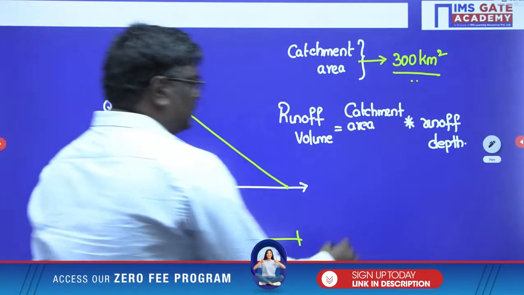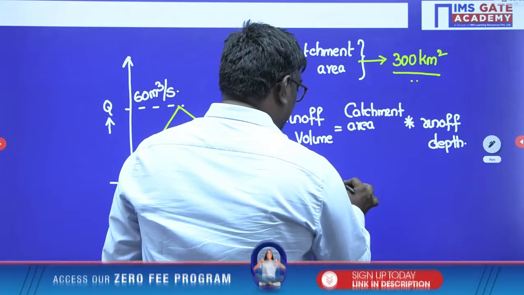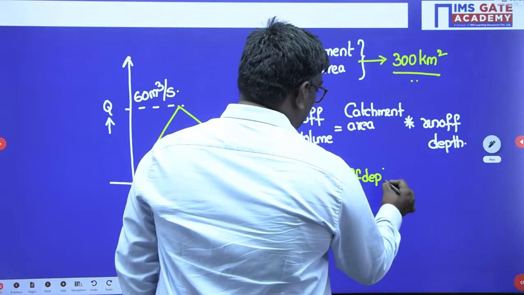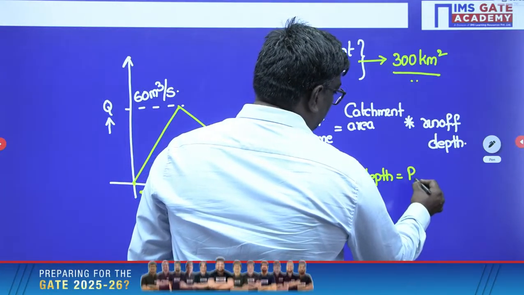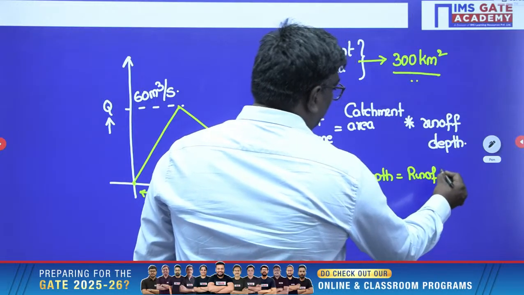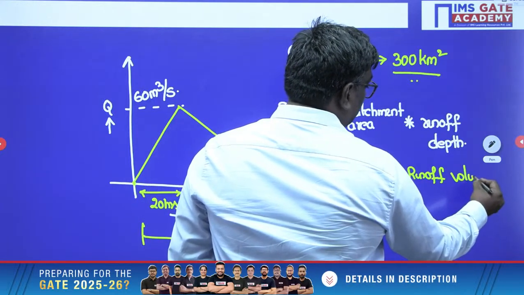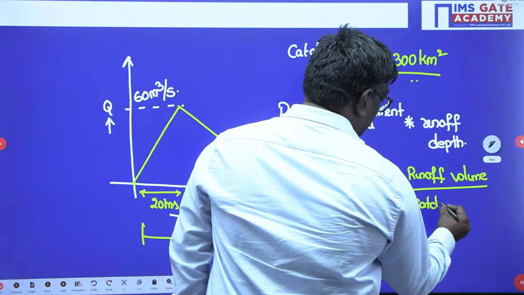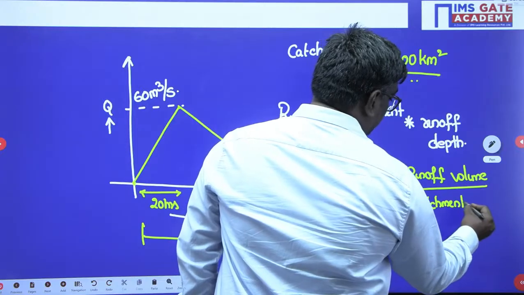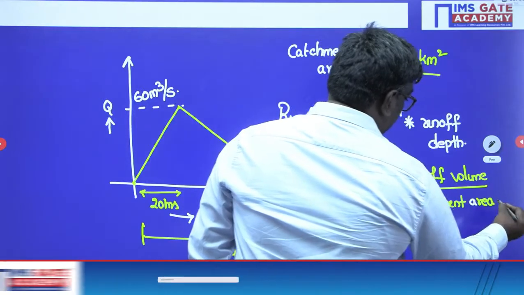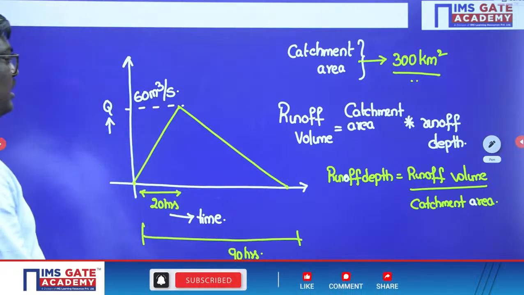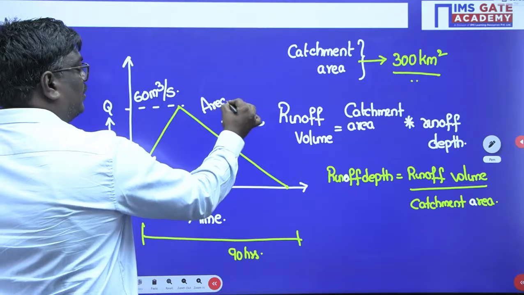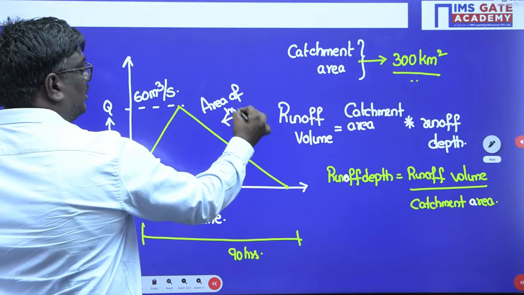Now my dear students, if I talk about runoff depth, that is equal to runoff volume upon catchment area. What is runoff volume? I told you how to calculate runoff volume. Runoff volume is nothing but area of hydrograph.